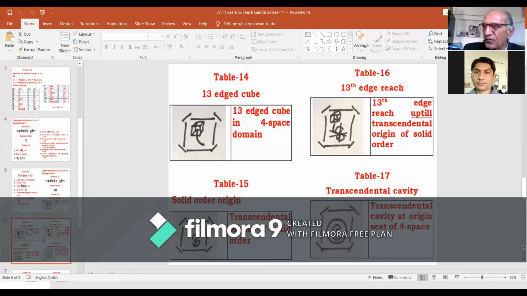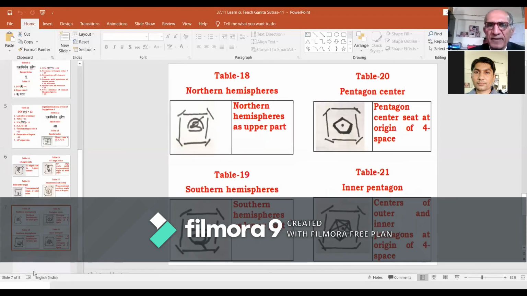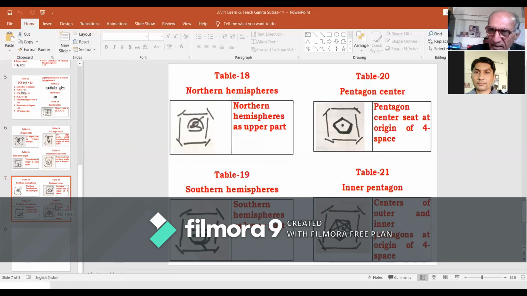Therefore, we shall sit comfortably and sequentially proceed ahead to be parallel with the transcendental phenomenon, being the phenomenon of this fourth explosion at the transcendental seat, and as a result thereof, there happens the split of the domain to a pair of half domains, here as northern hemisphere as upper part and southern hemisphere as a lower part, as are the tabulations 18 and 19.